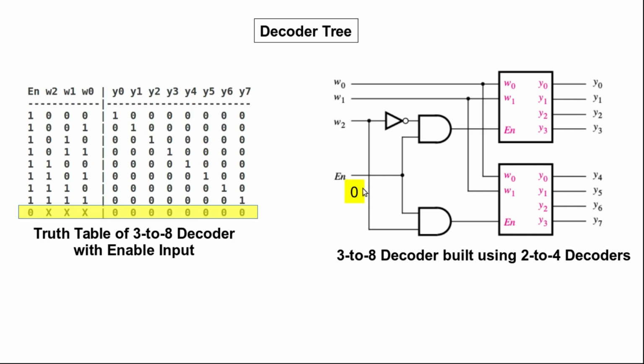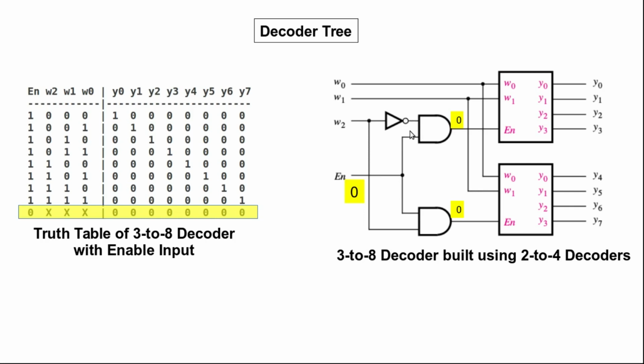Now in this logic circuit, whenever the enable input is equal to 0, it doesn't matter what is the value of W2, the output of the two AND gates will be equal to 0. That's because whenever one of the inputs of the AND gate is equal to 0, the output will be 0.